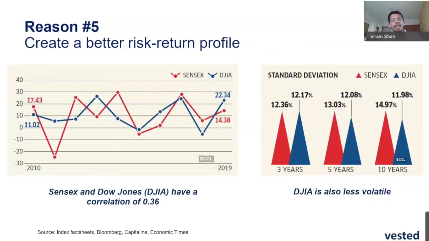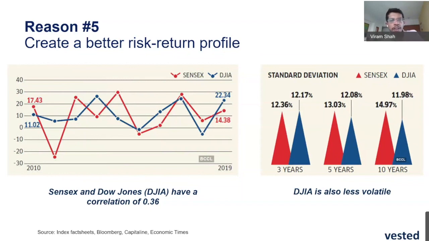The fifth reason is basically what I was talking about, risk and return. And so when does the risk of your portfolio become less, right? It becomes less when you invest in diverse assets that are not moving in tandem with each other. So you don't want to invest in two assets which both go up and down at the same time. Then your risk hasn't reduced, because you haven't essentially nullified the risk, right?